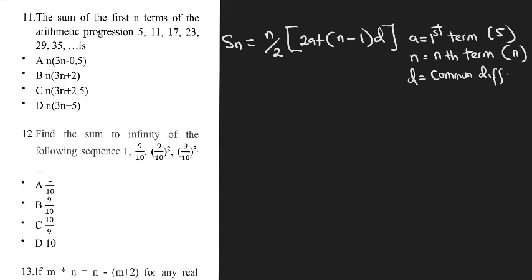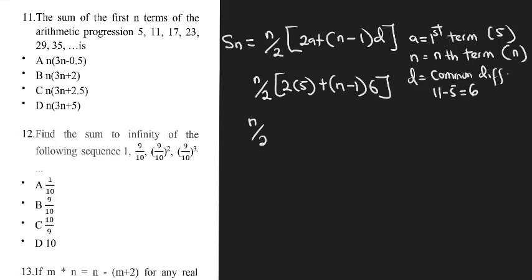So 11 minus 5 is 6. So that's our common difference. So substituting, this is going to be n over 2 into 2. What is our a? Our a is 5, right? So it's going into 5, then plus into our n, which is still n minus 1, and our d now is 6. Close the curly braces, right?